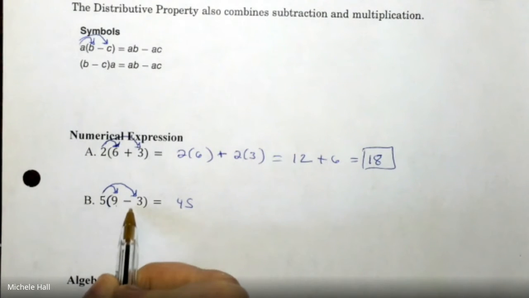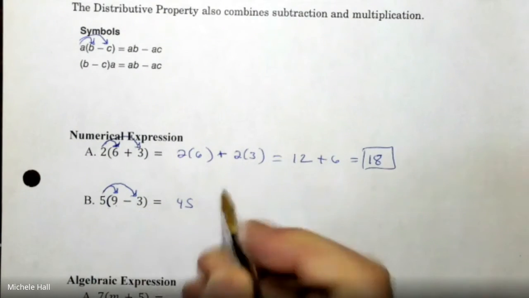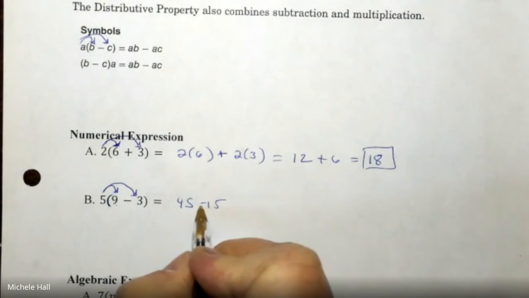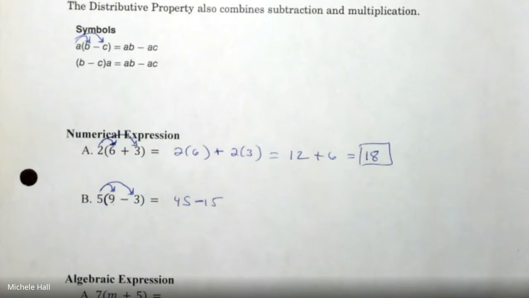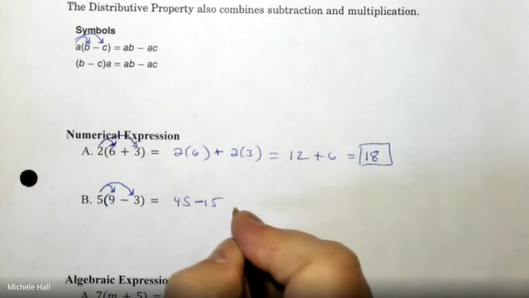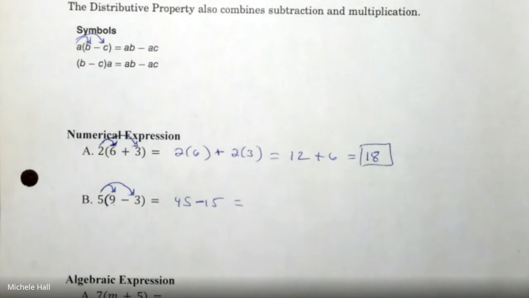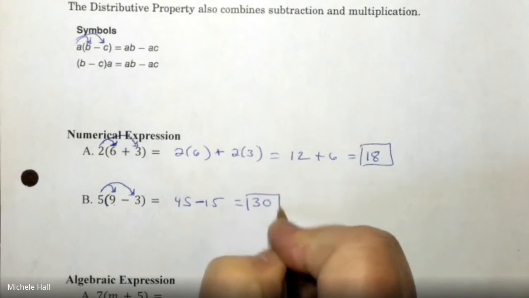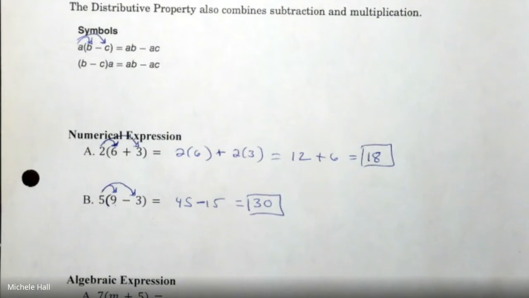Negative 15. Can I do 45 minus 15? Yes, it's just a numerical expression. What is 45 minus 15? 30. 45 minus 10 is 35, minus another 5 is 30. So that's a numerical expression.